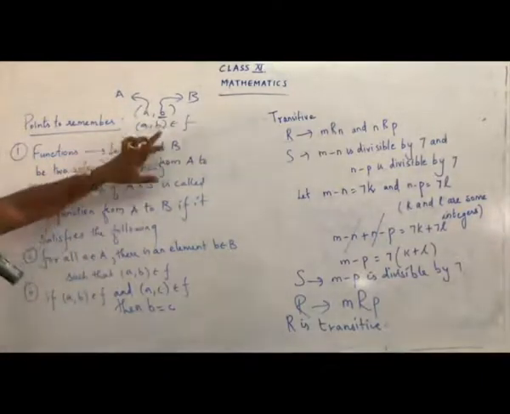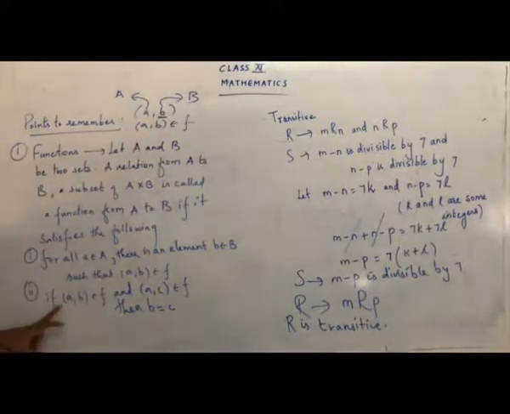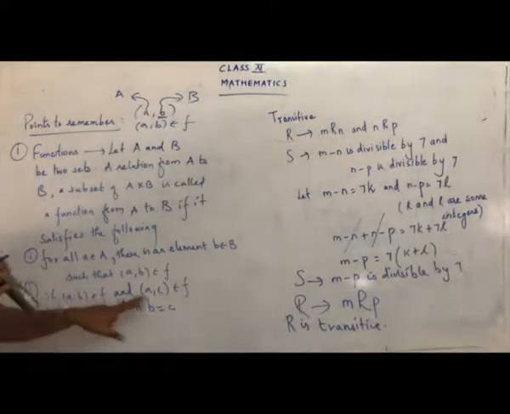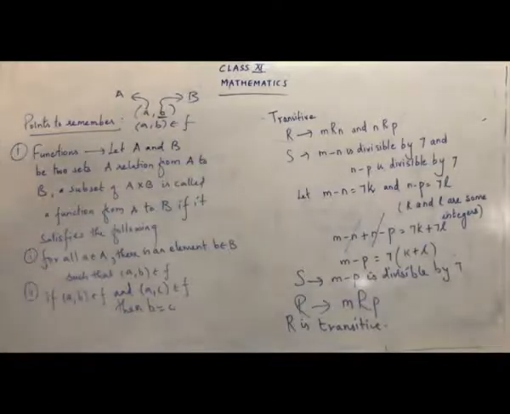And if you have (a, b) belonging to f and (a, c) belonging to f, you say b is equal to c.